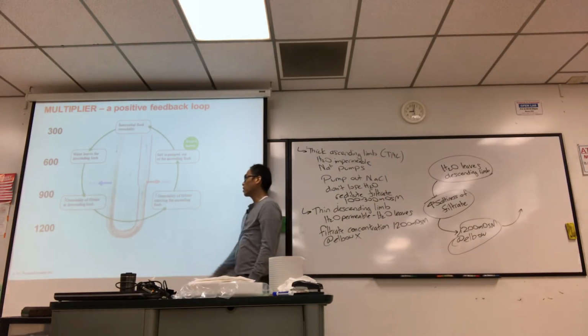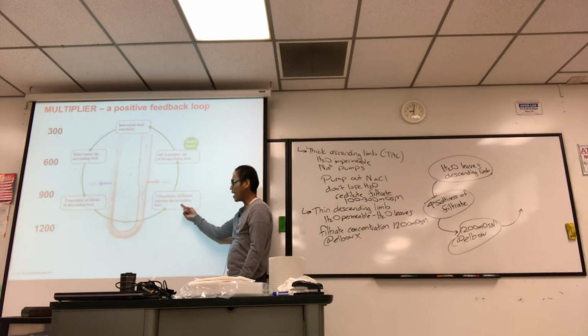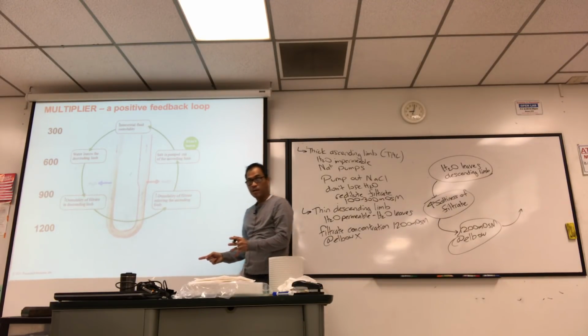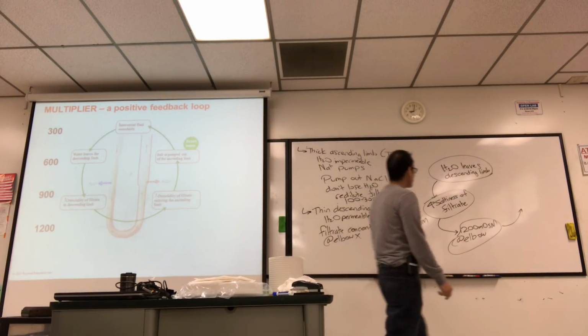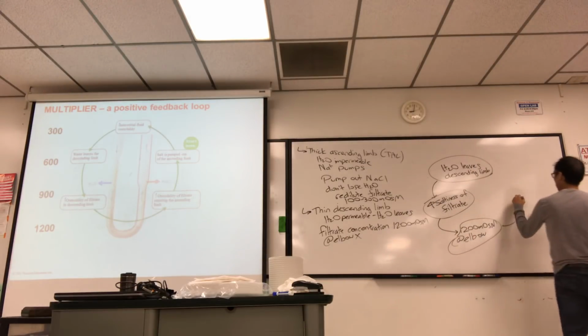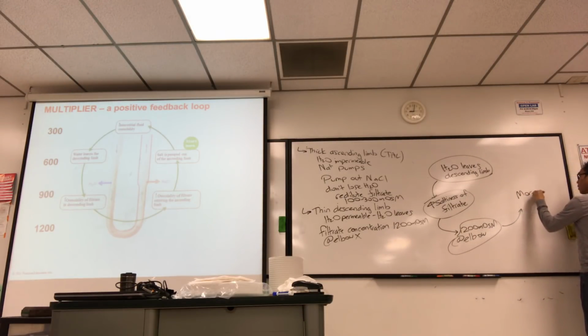You've increased the osmolarity of the filtrate entering the ascending limb. So basically, to paraphrase that, you have more salt to pump out in the TAL. Remember, TAL is thick ascending limb.